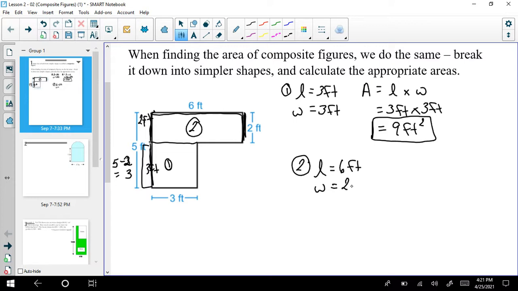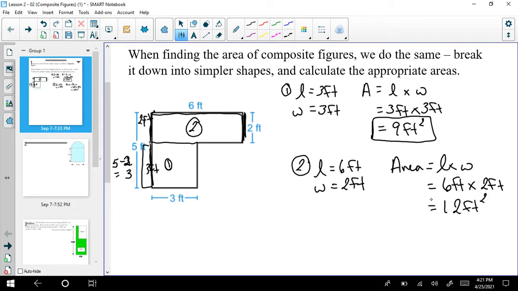So I plug that in here and write my area equation: area equals length times width. My length is 6 feet. My width is 2 feet. Therefore, my total area for this is 12 feet squared. Again, don't forget your squared, because feet times feet is feet squared.